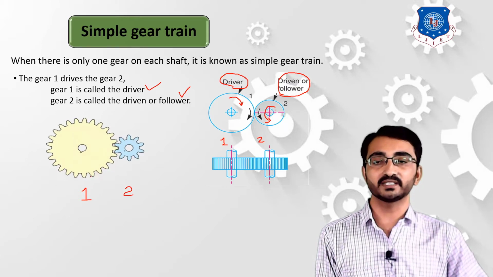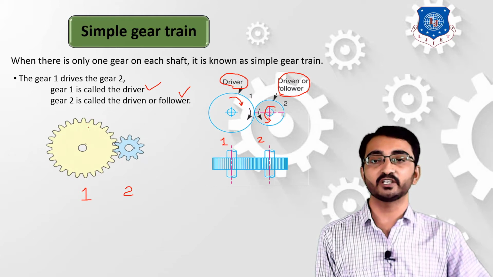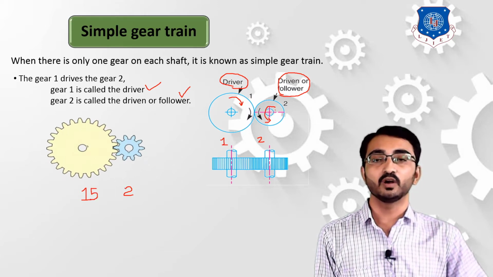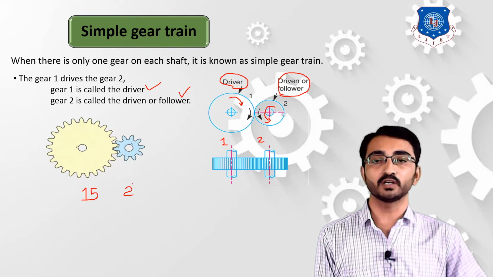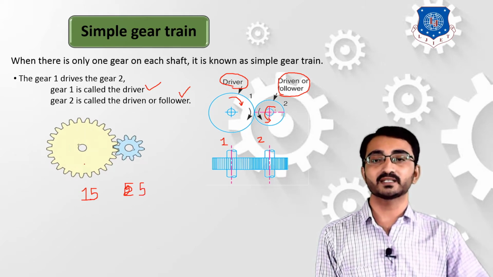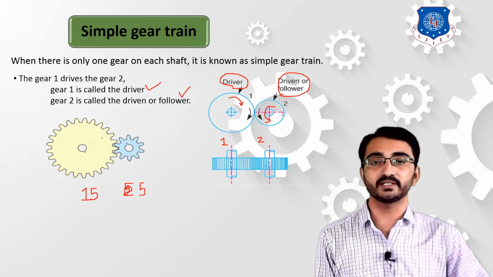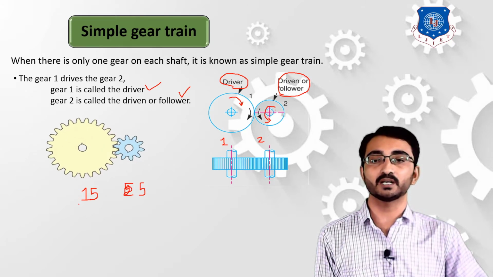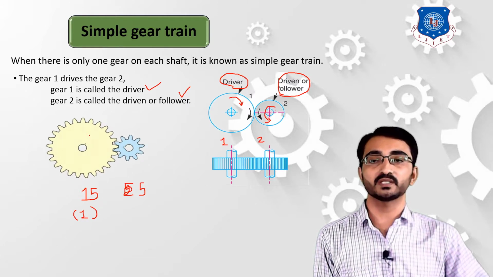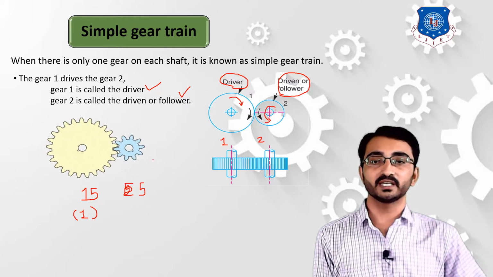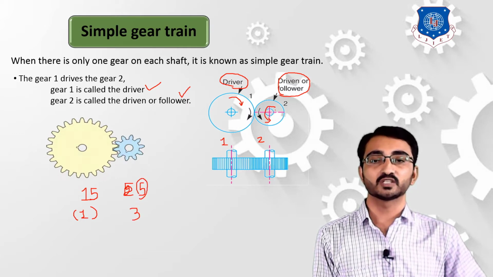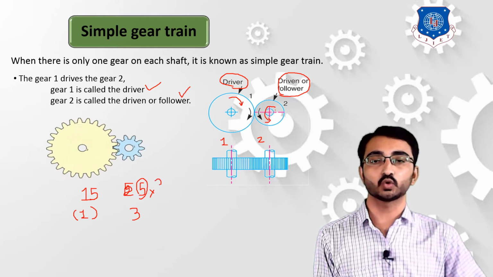Consider that the number of teeth on the periphery of shaft number 1 is 15, while on shaft number 2 we have only 5 teeth. So if we rotate gear number 1 at 1 RPM, gear number 2 will rotate 3 times, because it has 5 teeth, so to complete 15 teeth it has to rotate 3 times.